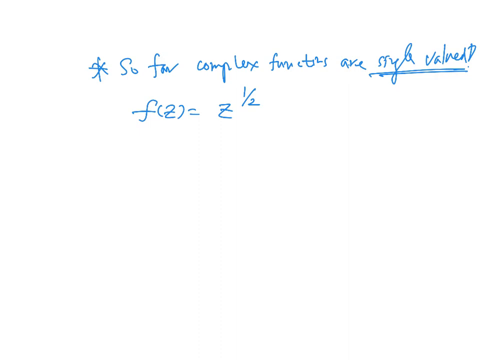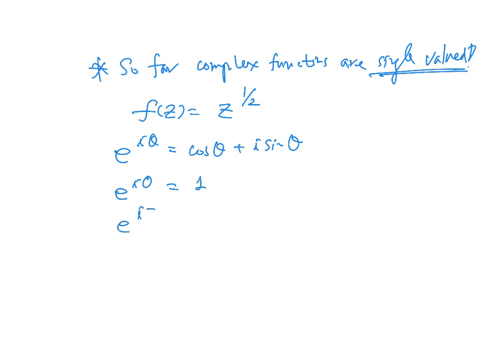So before we do that, let's go back to Euler's formula. Cosine theta plus I sine theta. Exponential I theta, when theta is equal to 0, is 1, right?